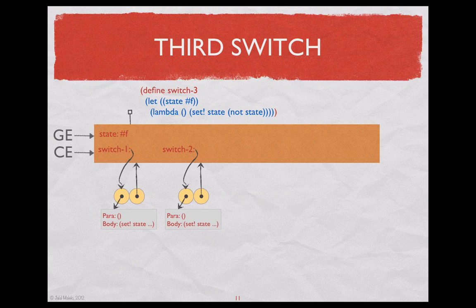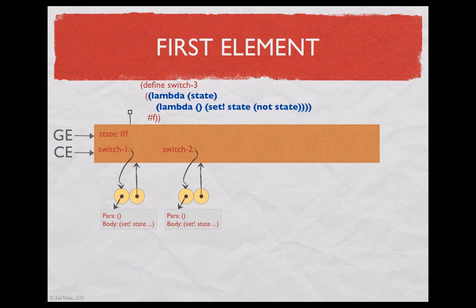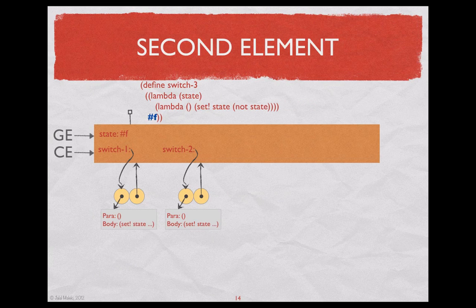So define wants to bind switch 3 to something. What is that something which this blue statement represents? It is a let syntax, which is essentially a lambda expression. Let's expand it to what it is, like so. And there you see that this let is converted to an expression which has two parts, a procedure and an argument.